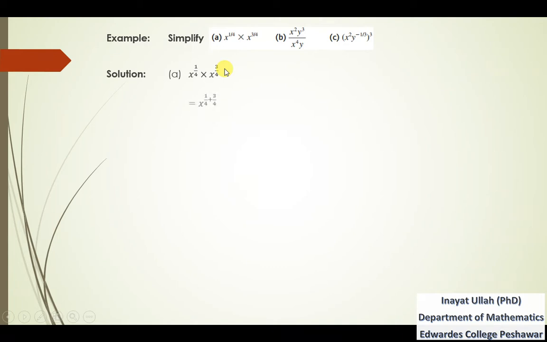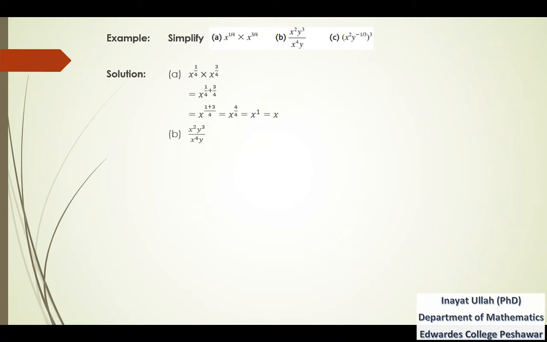So adding these two powers, x power 1 by 4 plus 3 by 4, and then taking the LCM of these two powers. The LCM is 4, and we are left with 1 plus 3. 1 plus 3 is again 4. 4 by 4 is 1. So that is x power 1, and x power 1 is again x. So this multiplication is equal to x.